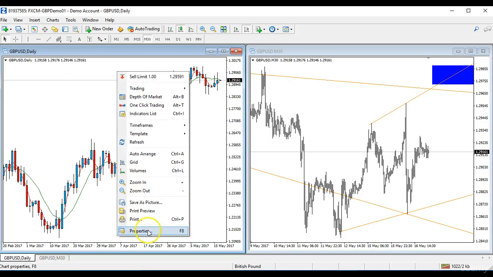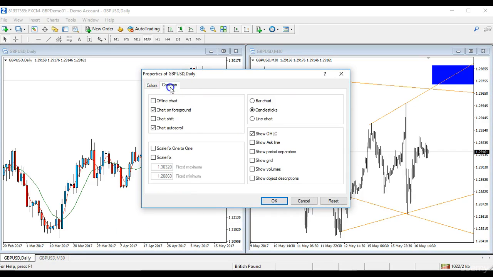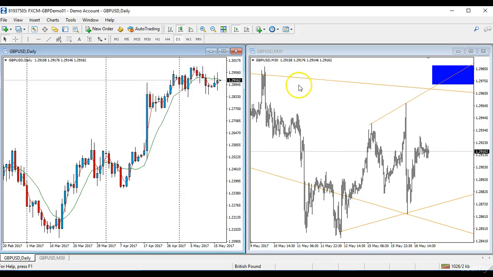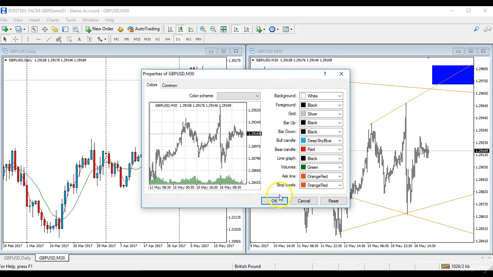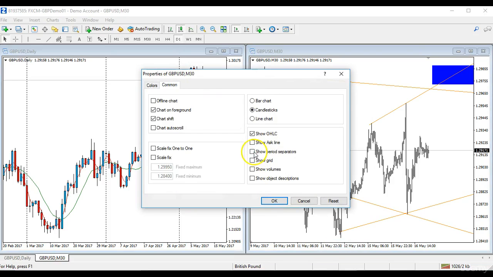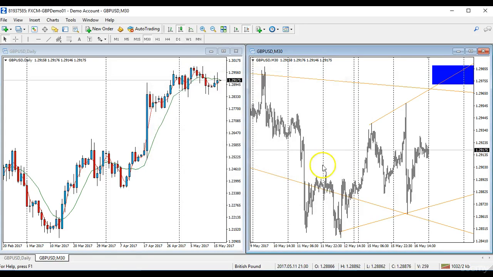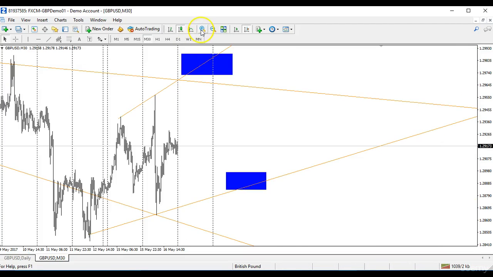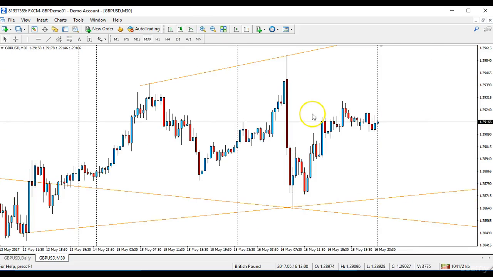If I go to properties and put the period separators in, and I do the same for the 30-minute chart, the 30-minute chart's separators are each showing a period of time of 1 day.